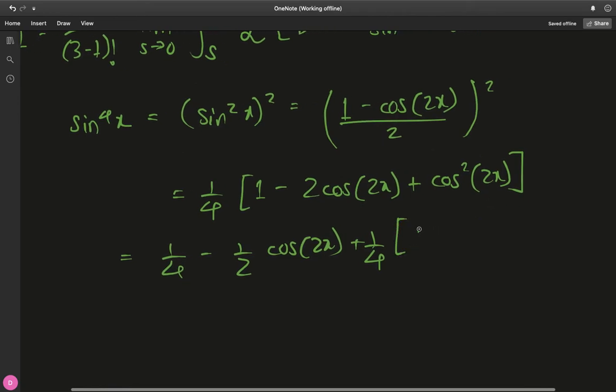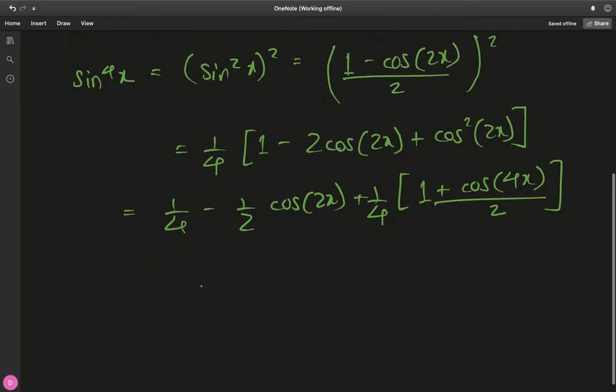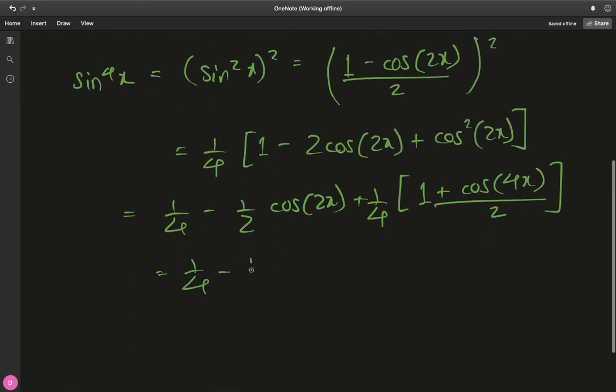So we have 1 plus cosine of 4x divided by 2, 1 over 4 minus half cosine of 2x plus 1 over 8 here, 1 over 8 plus cosine of 4x divided by 8.